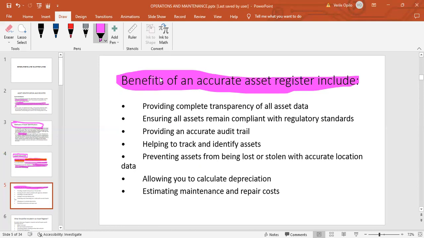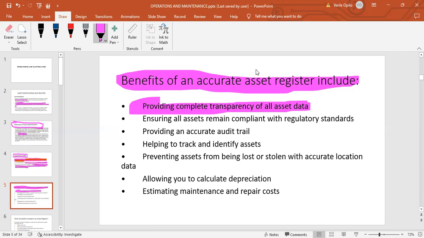The utilization of this asset register is going to result in complete transparency about all the assets in the company. It is going to result in the provision of more information about the assets in the company.